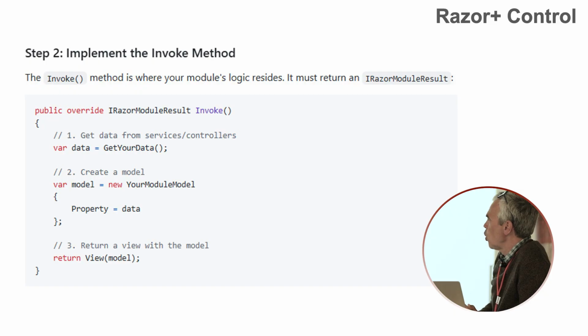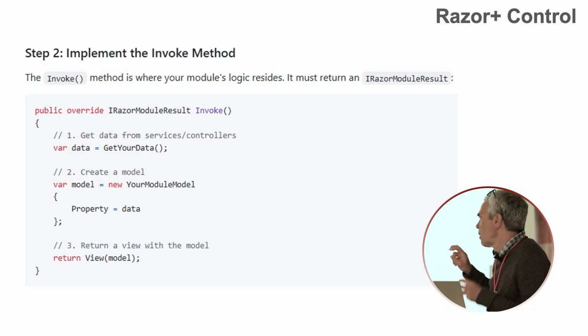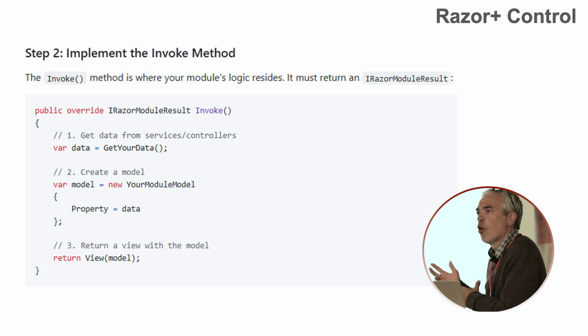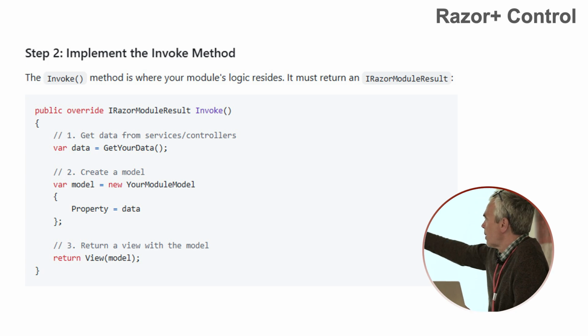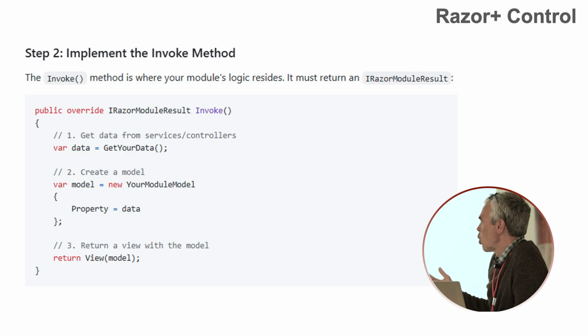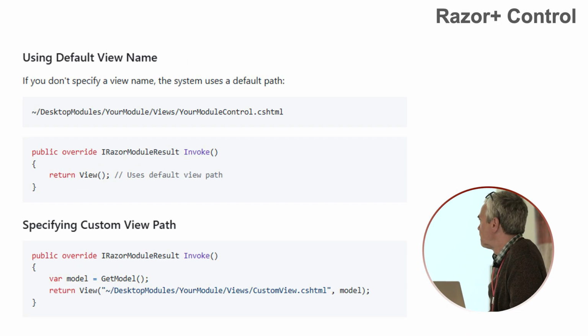And then you have to implement the Invoke method. It's typically very similar to a controller action. It's a method that returns a view, which is in reality your Razor file.